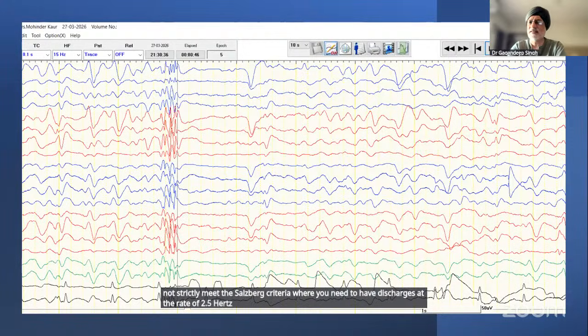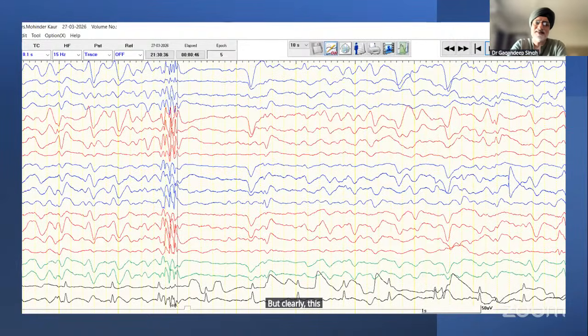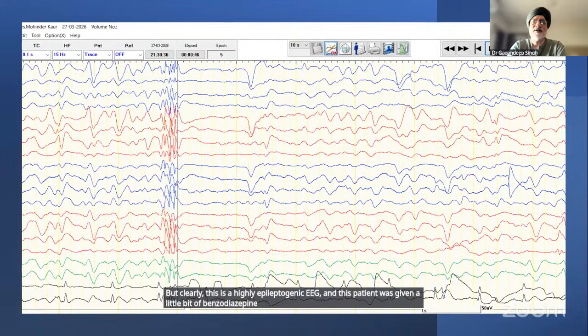That means in a 10-second page, you need to have at least 25 discharges. But clearly, this is a highly epileptogenic EEG, and this patient was given a little bit of benzodiazepine and put on levetiracetam. Next slide.